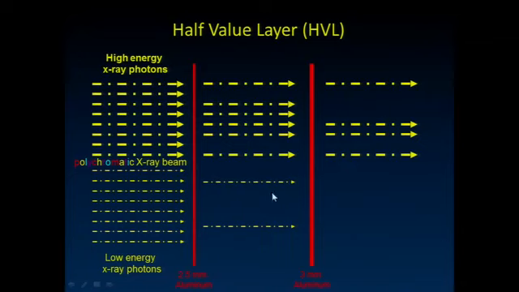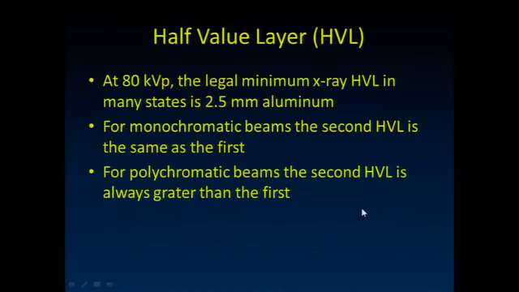The mean energy of the beam gets higher. The quality of the beam gets higher. The quantity always gets lower with filtration, but the quality, the average energy of the X-rays that you have, gets higher. All right. We already mentioned this fact here that in most states there's this legal minimum.